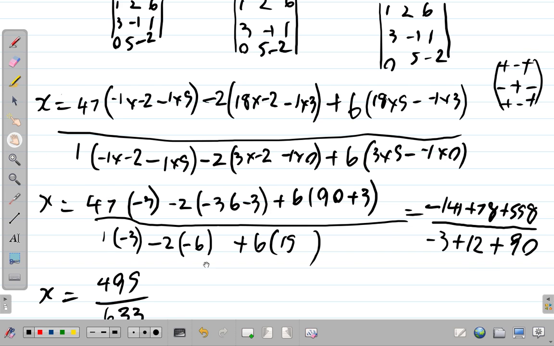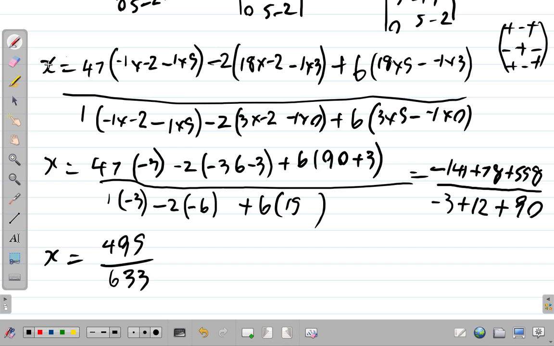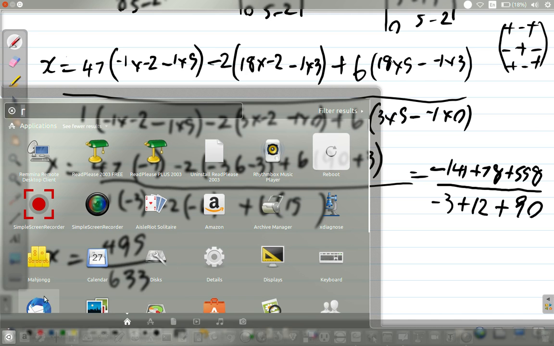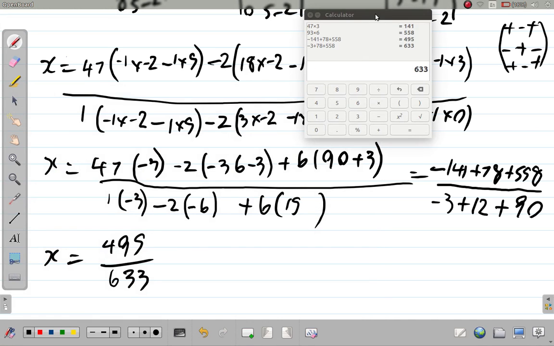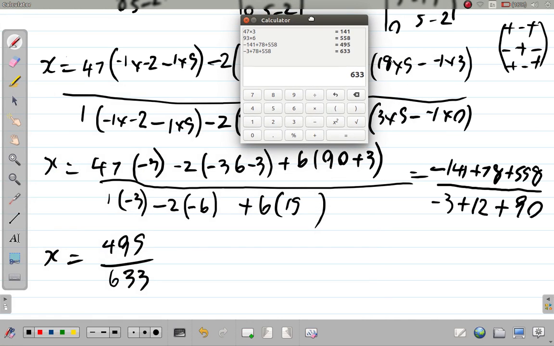So, when we look back here, we have 47. Let's check the top two. Because you see it's quite a lot of work, so it's easy to make a mistake. 47 by 3, and it's a negative.